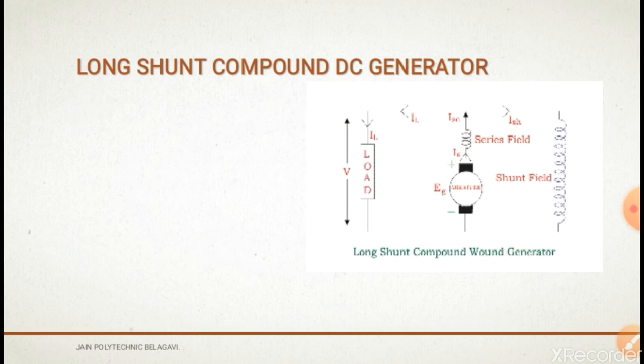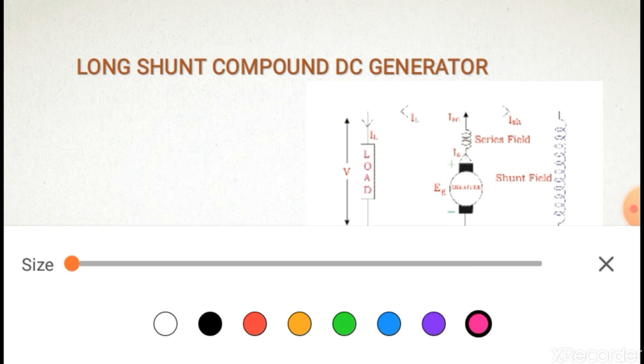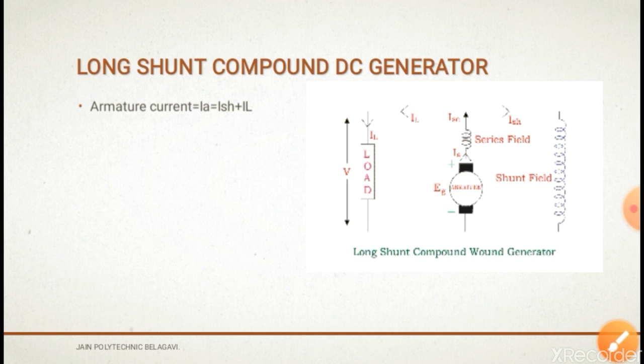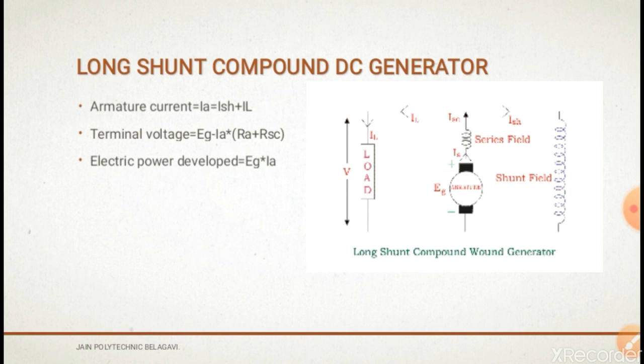So the next one is long shunt compound DC generator. In this case, the armature winding is connected in series with the series field winding, and that combination is connected in parallel with the shunt field winding, hence it is given to the load. So first one is the armature current. Here this armature current is equal to the series field current. It is given as Ish plus IL, and the terminal voltage is given as Eg minus Ia into Ra plus Rse. Electric power which is developed is given as Eg into Ia.